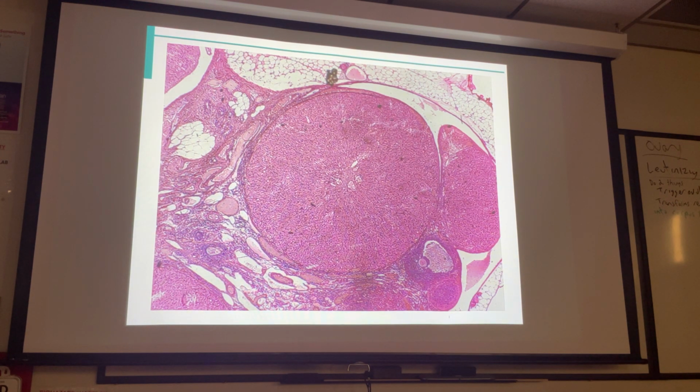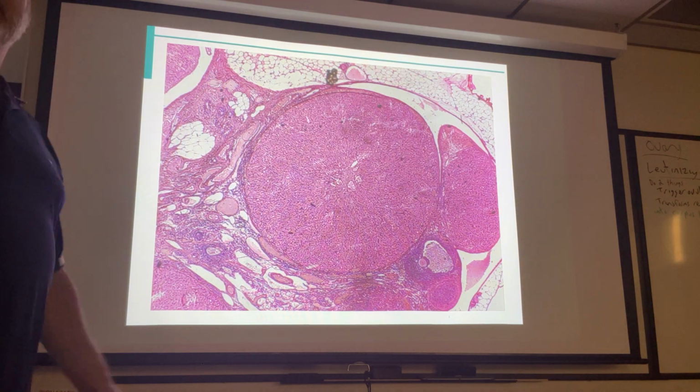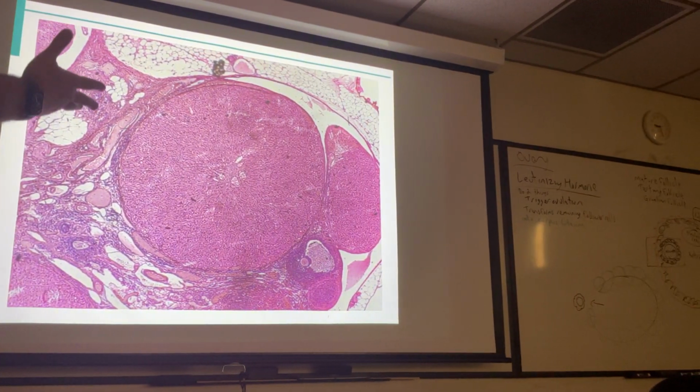So that luteinizing hormone transforms that remaining granulosa cell into our second glandular structure of the ovary, the corpus luteum. All right? Luteinizing hormone. It luteinizes something, right? Turns it into the corpus luteum.